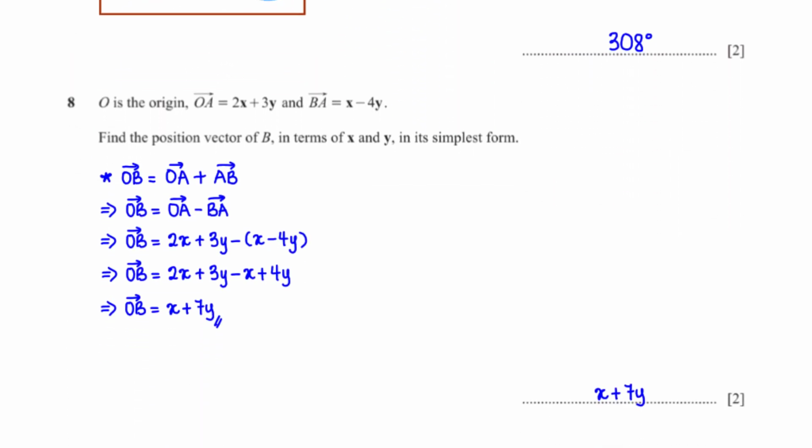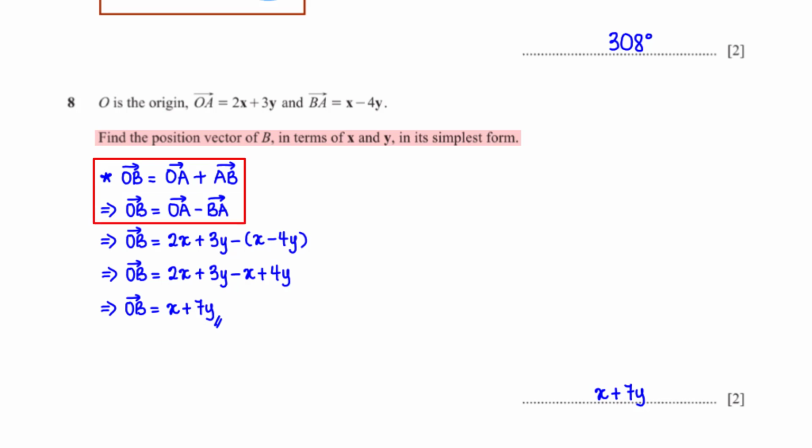O is the origin. OA equals 2x plus 3y and BA equals x minus 4y. Find the position vector of B in terms of x and y in its simplest form. The position vector of B is the same as vector OB. OB can be expressed as OA plus AB. AB is minus BA.